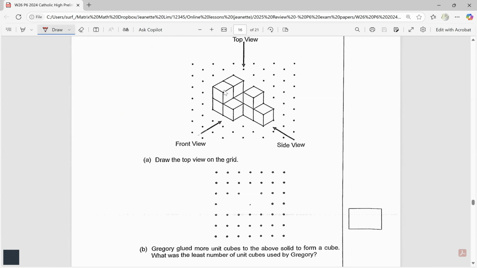So when you look down on the leftmost side, you see 2 cubes. So you start with 2. You use a ruler to draw this. Okay, 2. Then if you look across, there'll be 1, 2, 3, 4.